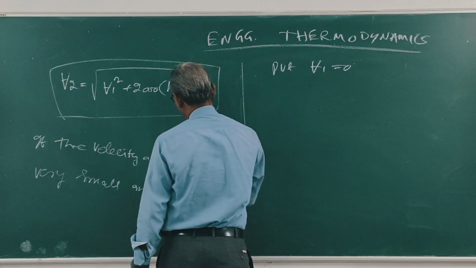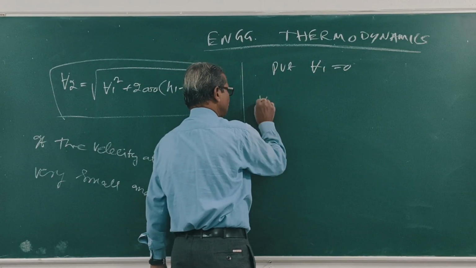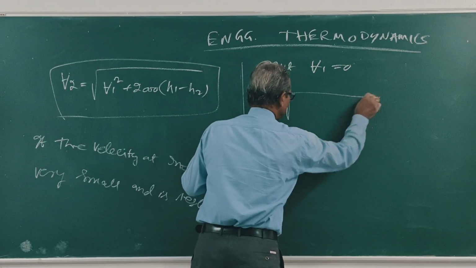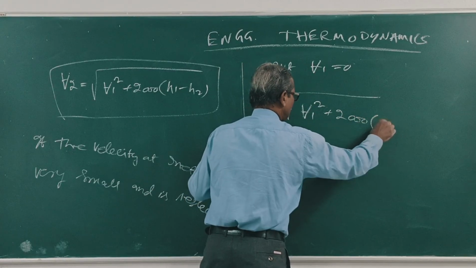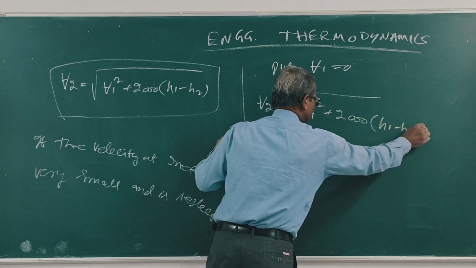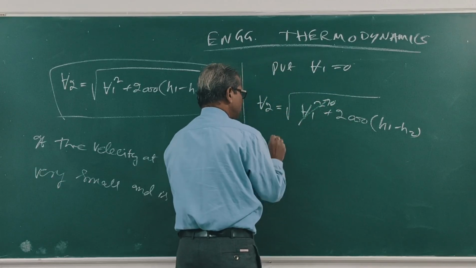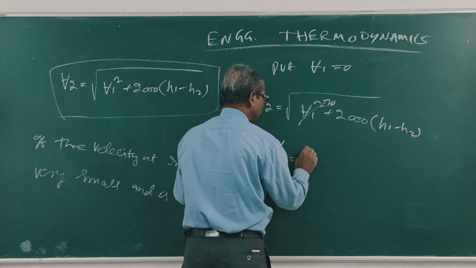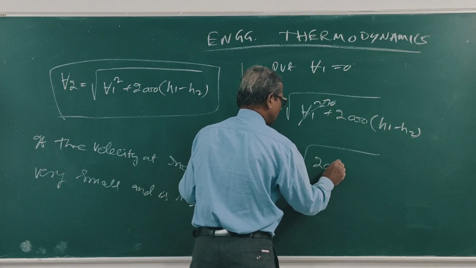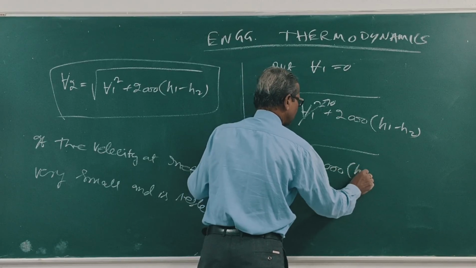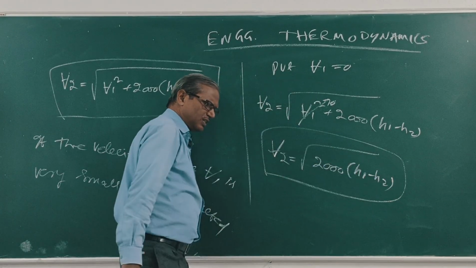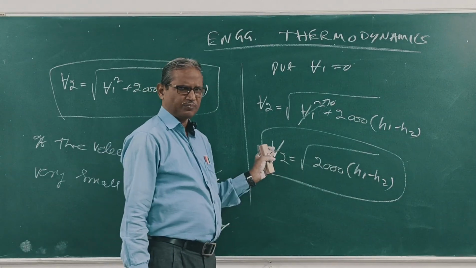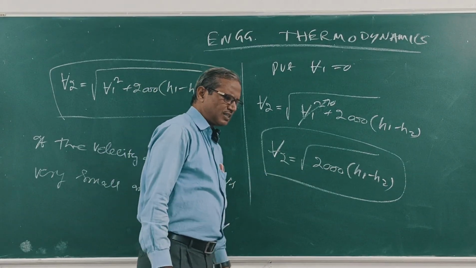Clear? So from this equation, V2 is equal to root over V1 square plus 2000 into H1 minus H2. This is 0. So V2 is equal to root over 2000 into H1 minus H2. This is the expression for velocity. Clear?